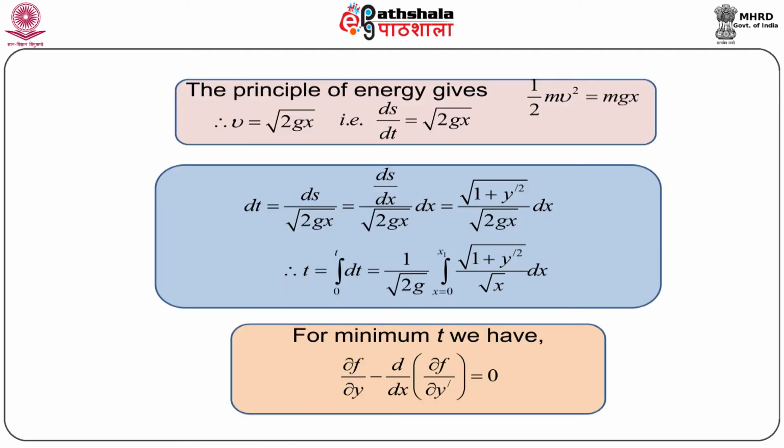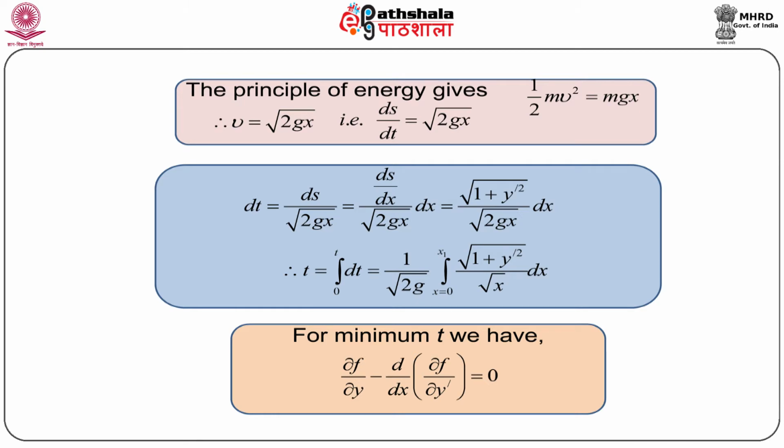By the principle of energy, we have kinetic energy, half m v square, equal to potential energy, which is given by mass m into g into x, where g is the acceleration due to gravity and x is the displacement.